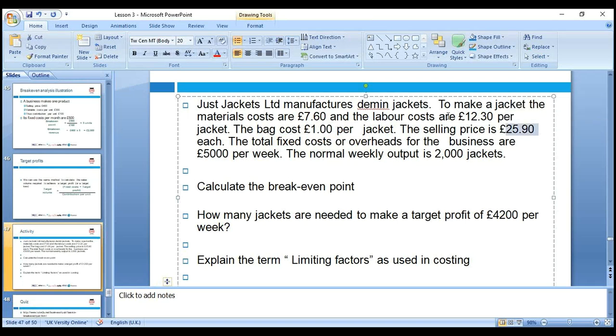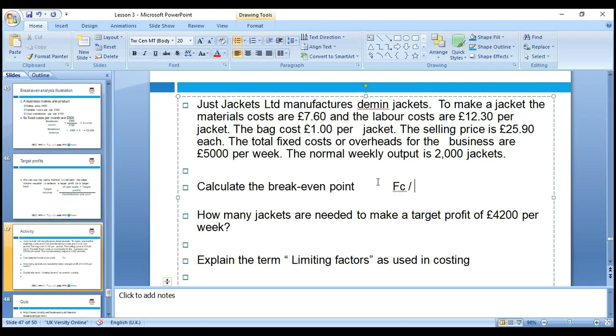Yes. And the selling price we've been given is 25.90, and the variable costs we've been given; material is a variable cost, we need to add these three costs. Yes. So 25.90 minus 7.60, minus 12.30, minus 1. Yes, that will be our contribution.